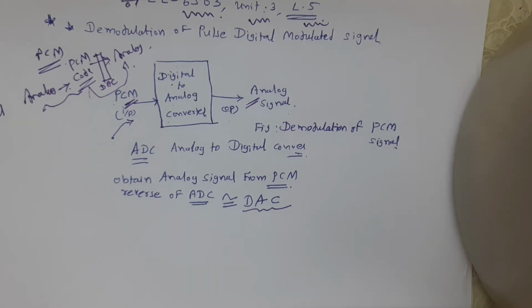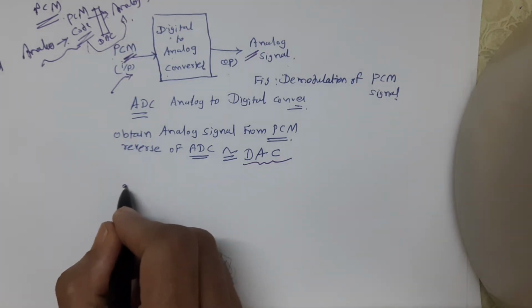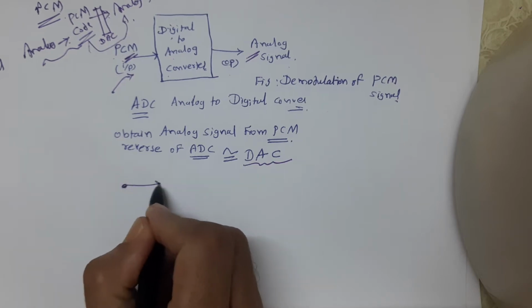The block diagram of demodulation in case of DM is given in the given figure. Now we are discussing the generation of DM signal. This is your input signal.